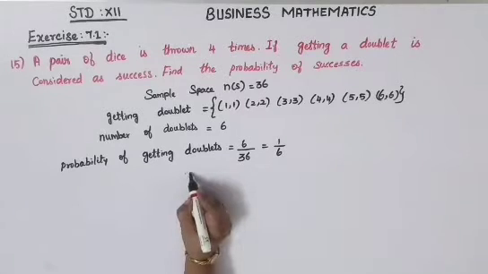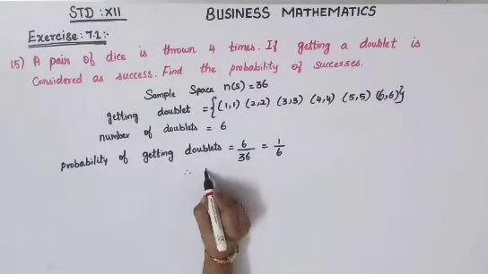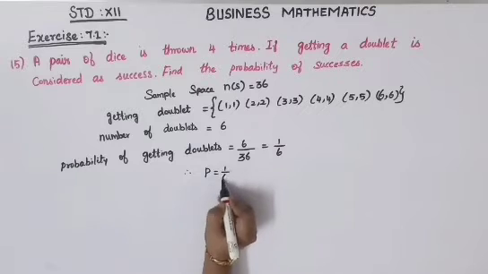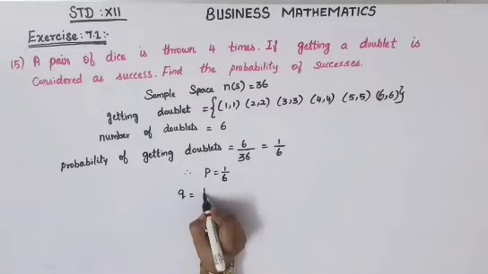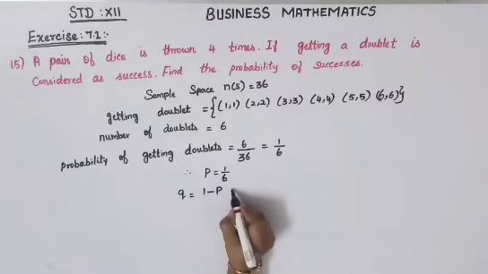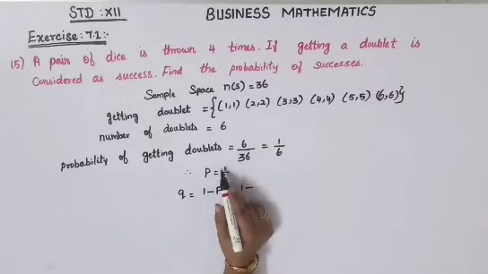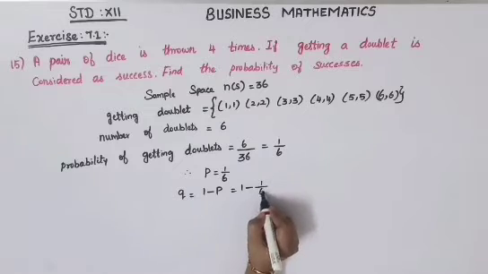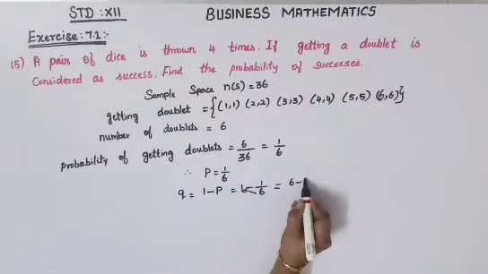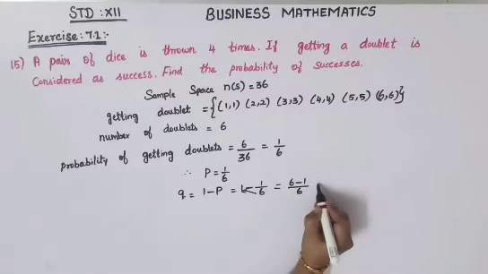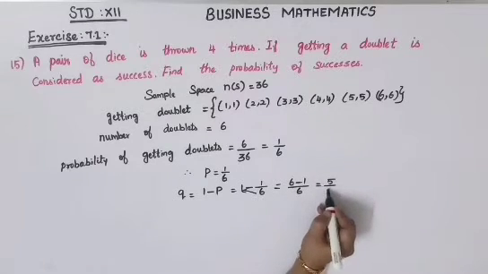Therefore, we can declare this as P. So P is equal to 1 by 6. Now we will have to find Q. We know the formula, Q is equal to 1 minus P, which is equal to 1 minus 1 by 6. Take your LCM, otherwise cross multiplication, so (6 minus 1) by 6, which is equal to 5 by 6.